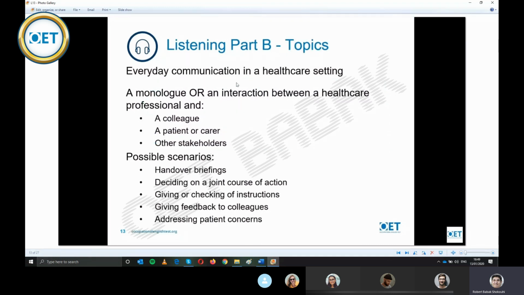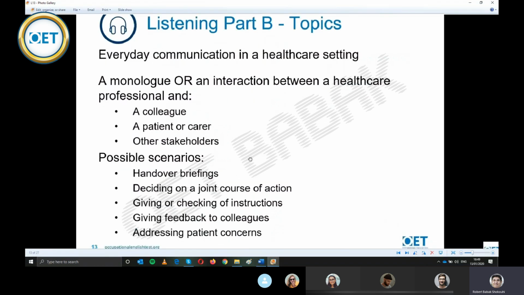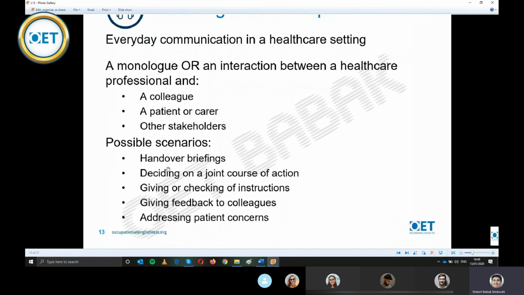It is two colleagues speaking, or a patient, or a carer, or anyone else. And the scenarios are handover briefings, for example two nurses talking, one of them handing over a patient, or deciding on a joint course of action.